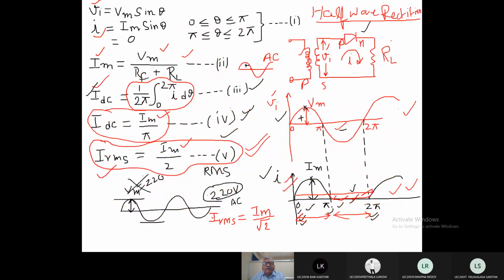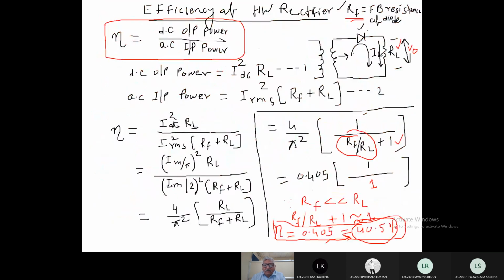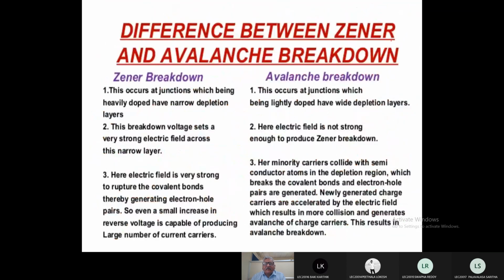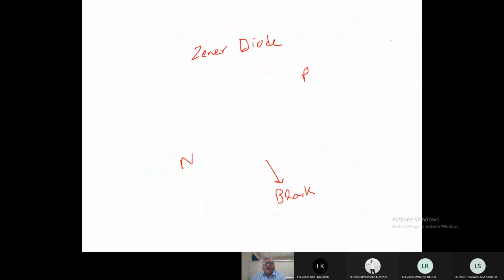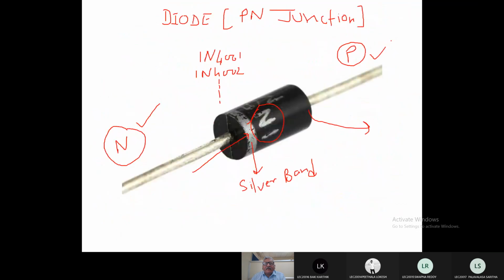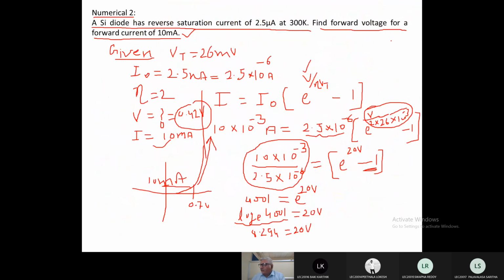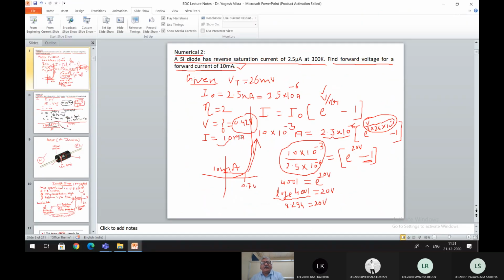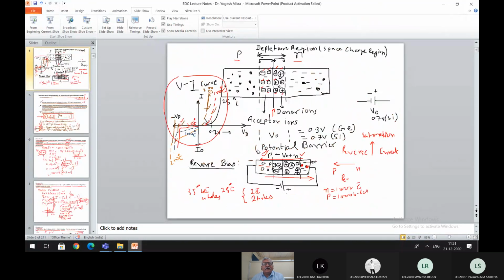Then Zener diode diagram. Have you seen that or not? That diagram I don't have. Okay.